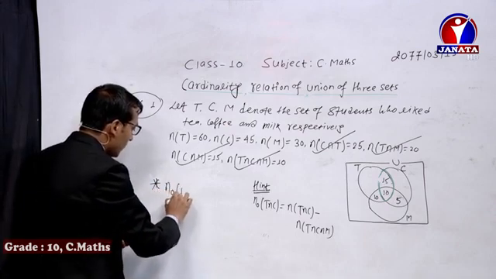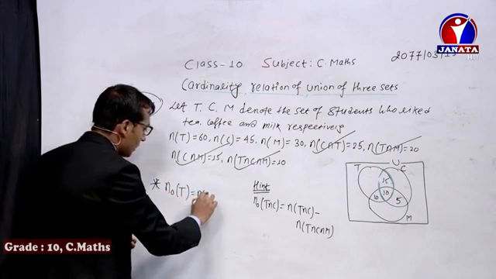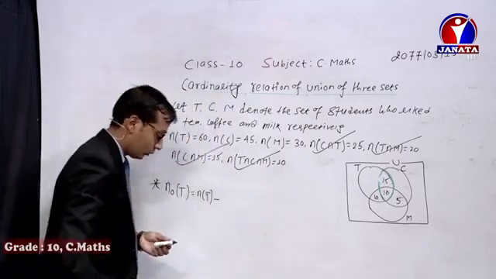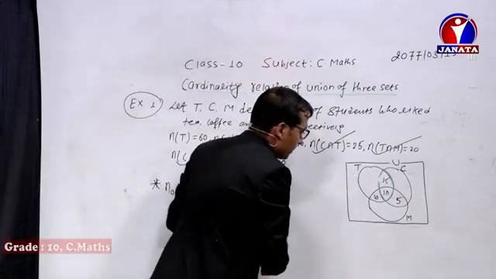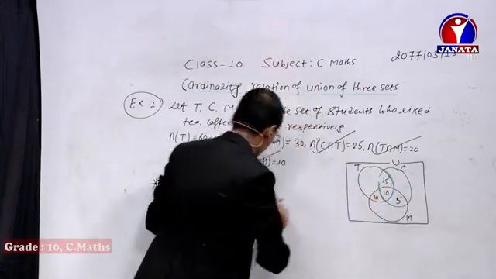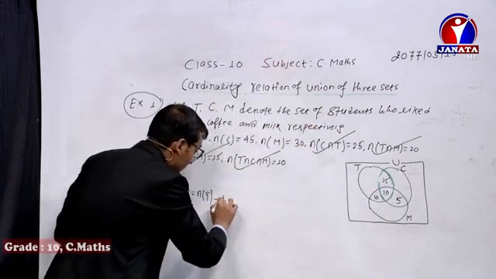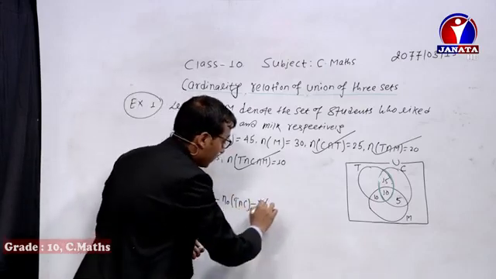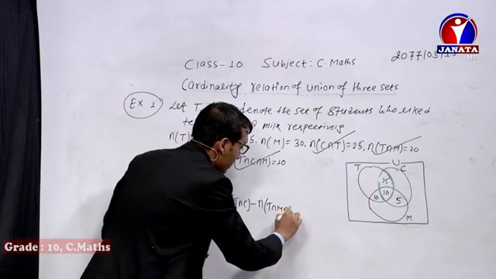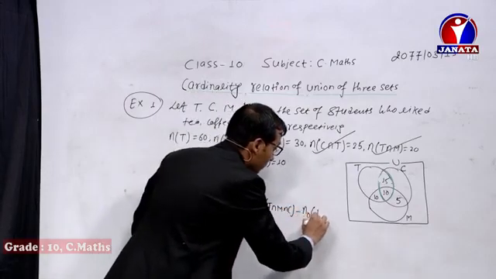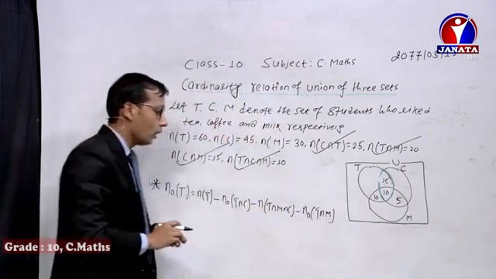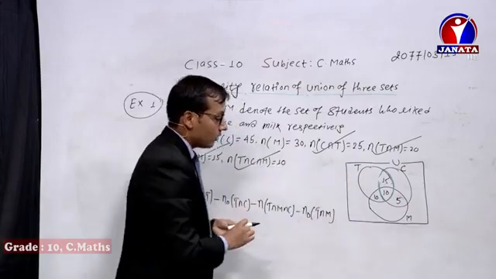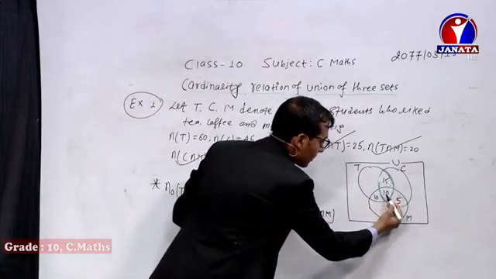So n only T is equal to n of T minus n of T intersection C only minus n of T intersection M intersection C minus n only T intersection M. Or in short, for n only T, let's add the numbers 15 plus 10 plus 10.